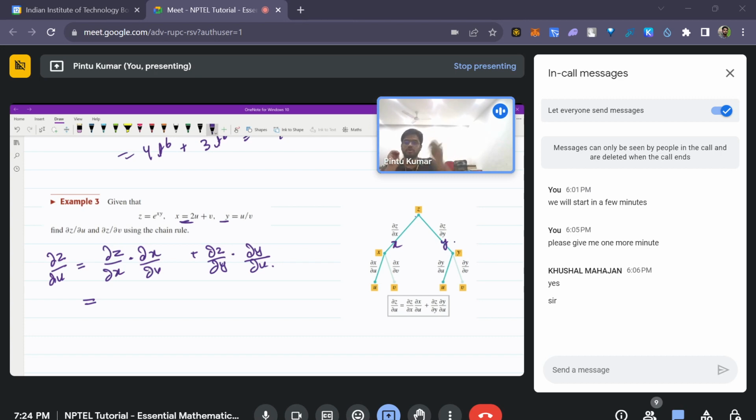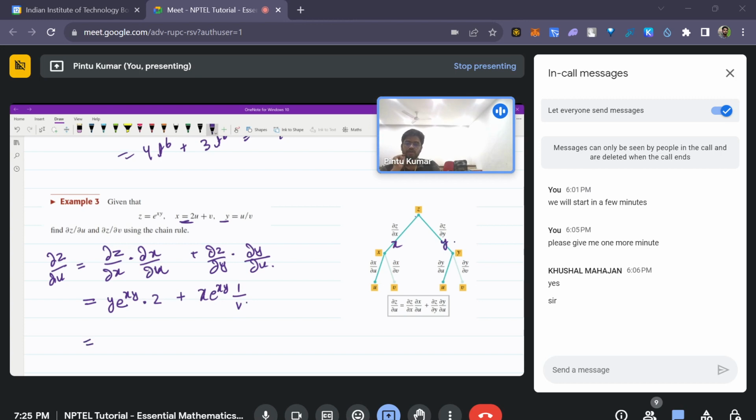Now again we go to the top, so we get y e to the power xy, and the derivative with respect to u for this particular thing is 2. Now again we will get x e to the power xy, and the derivative of this with respect to u is just 1 by v.